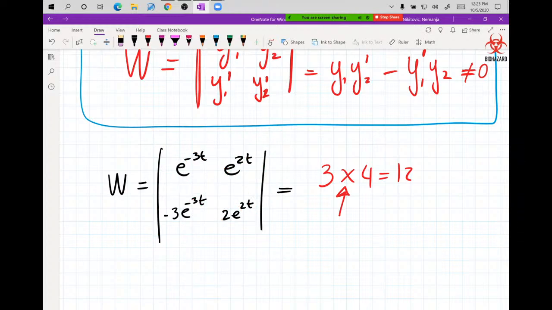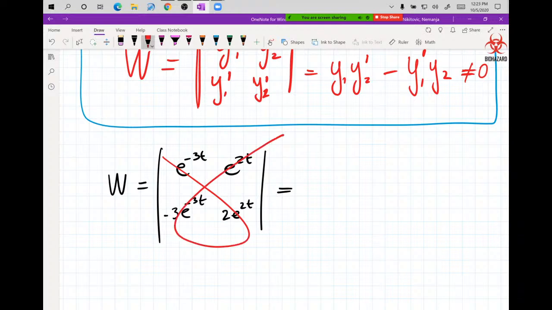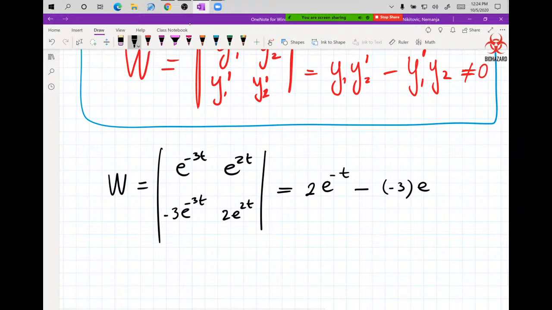So literally, you can just whee, and you're out. So multiply the diagonal, I get 2e to the negative t minus, and over here I get negative 3e to the negative t.